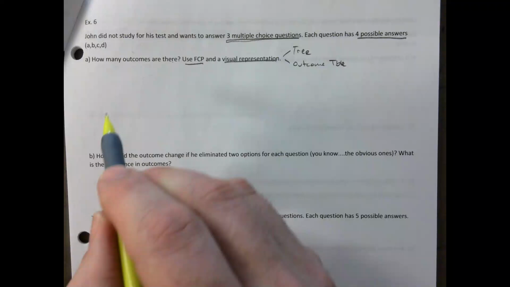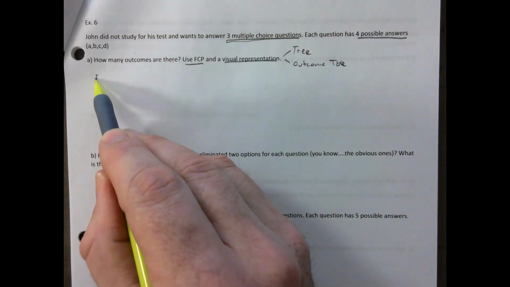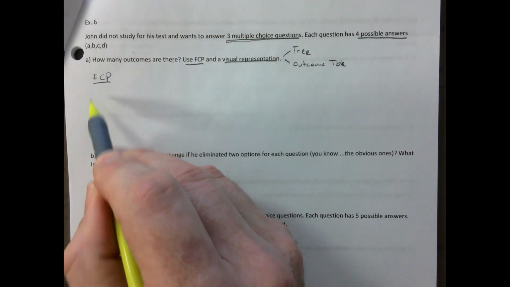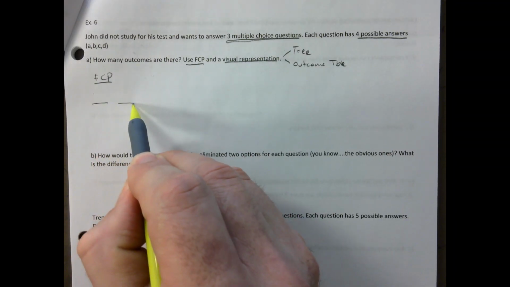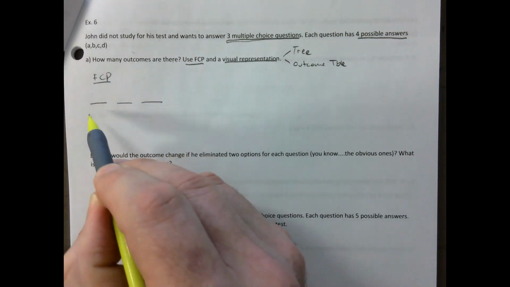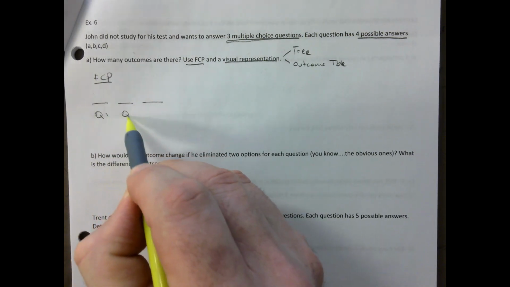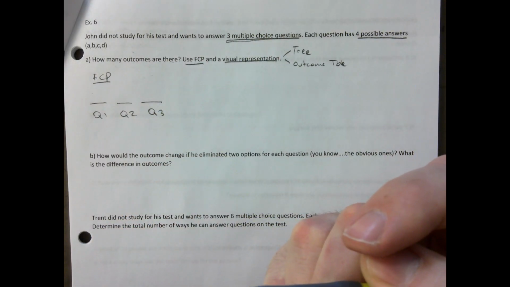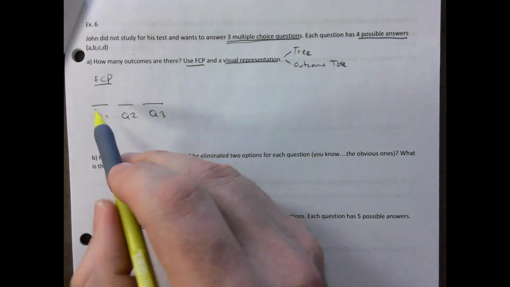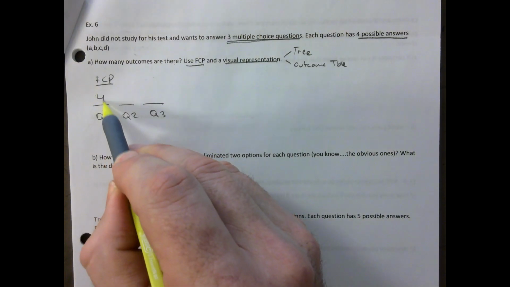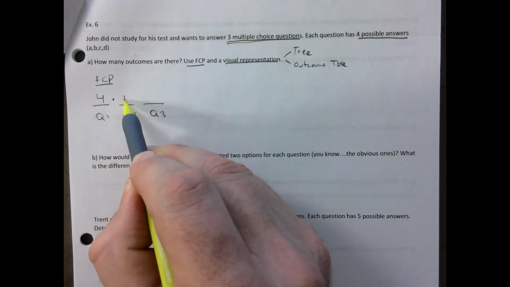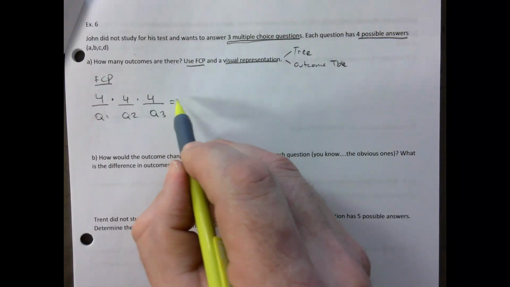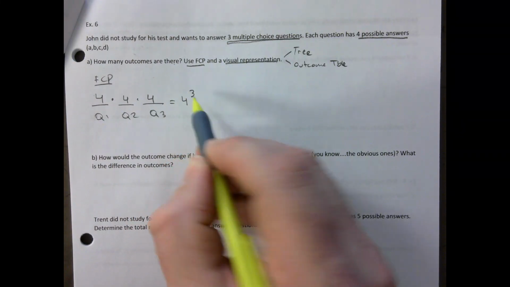Okay. So let's do the fundamental counting principle first. So you've got 3 questions, correct? Question 1, question 2, question 3. Okay. And each one has 4 possible answers. So it'd be 4 times 4 times 4. So this is 4 to the power of 3.